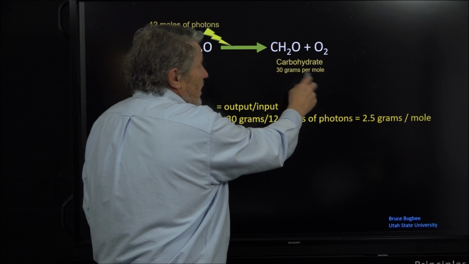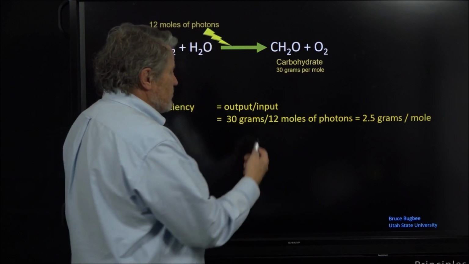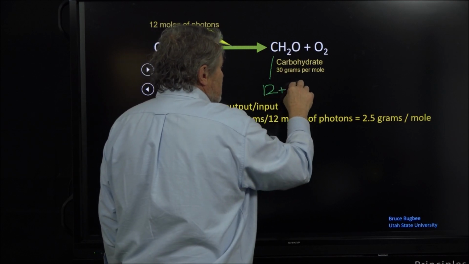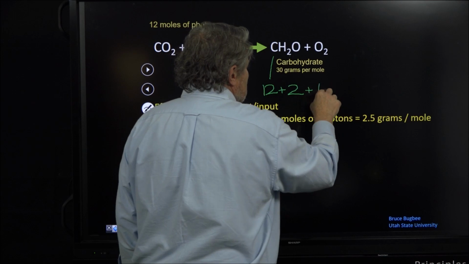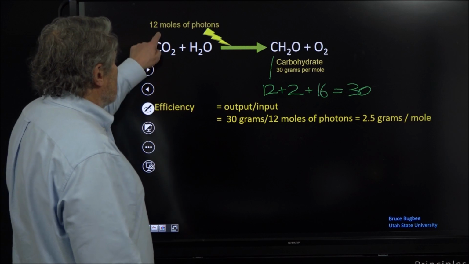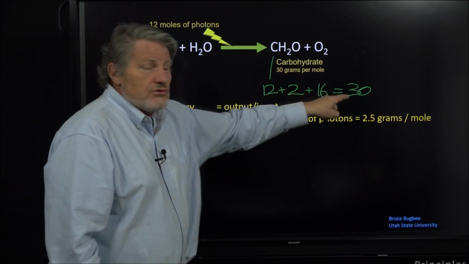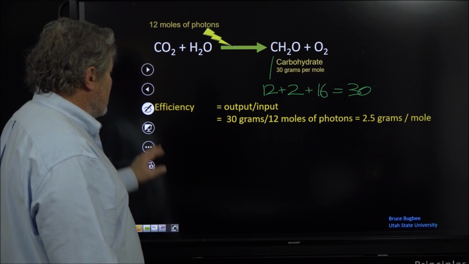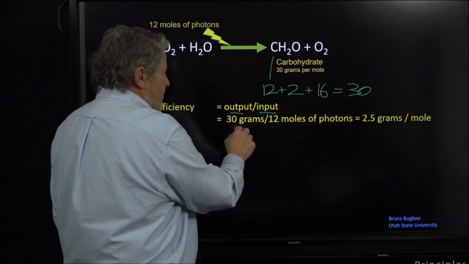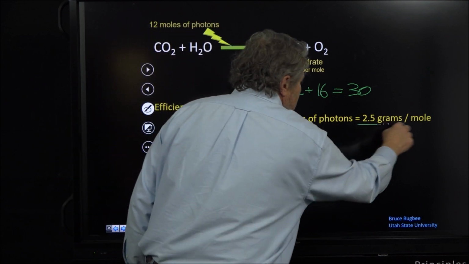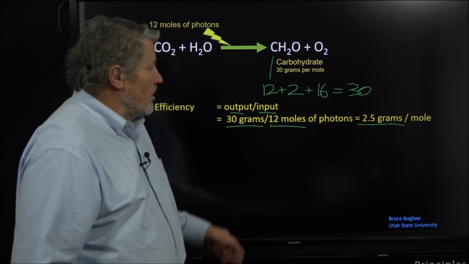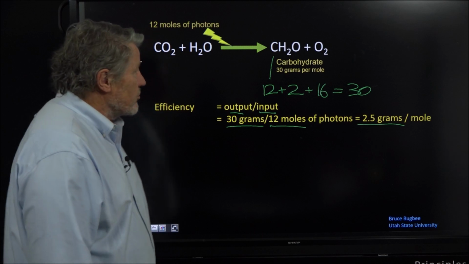We know that carbohydrate is 30 grams per mole. This is pretty simple. Carbon is 12, hydrogen adds 2, oxygen adds 16. That's 30 grams per mole. 12 moles of photons gives us 30 grams of biomass, and the efficiency of this system then, output over input, is 30 grams per 12, 2.5. This is significantly higher than what we talked about a minute ago with 1 gram per mole of photons.